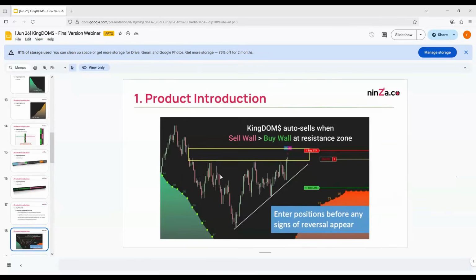And this is what we'll be talking about soon. In my opinion, the best way of using this tool is not just to let it go in full automation and let it buy and sell. I don't think that's what this was intended for. The idea is you want to identify areas of support and resistance. And when price comes to those areas, that's when you want to activate it and look for long or short trades.